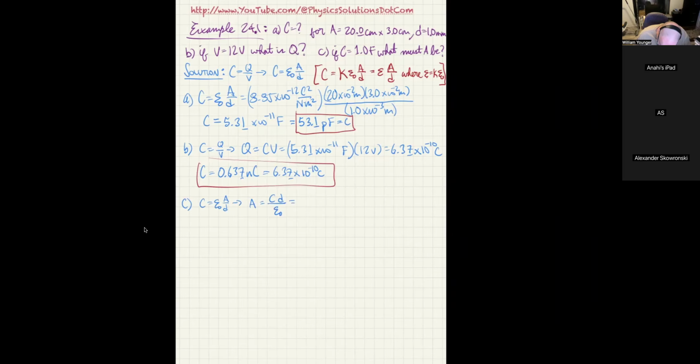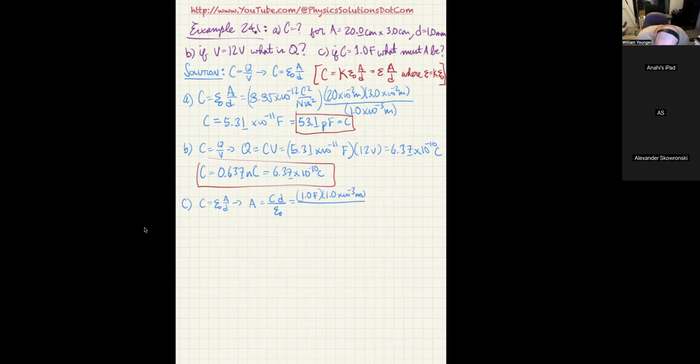With that in mind, I'm just making sure my math was right. Yeah, that's all good. With that in mind, I'm going to write 1.0 farad times the same distance, which is 1.0 times 10 to the negative third meters.